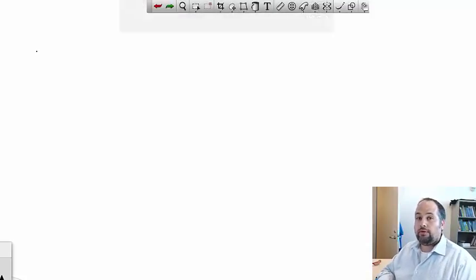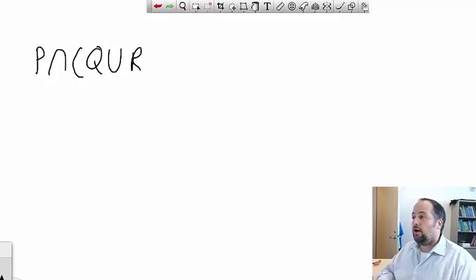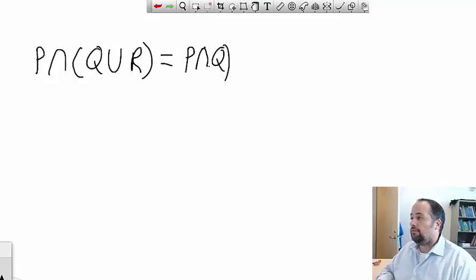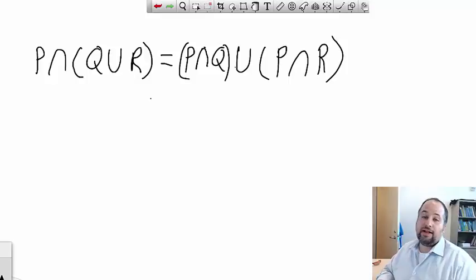That rule was, if you have the set P intersection sets Q union set R, that is the same as P intersection Q, that set unioned with P intersection R. Right? That's the distribution rule from set theory.